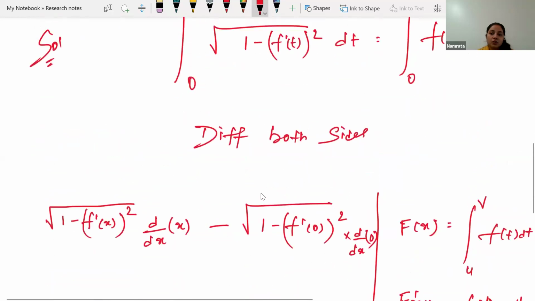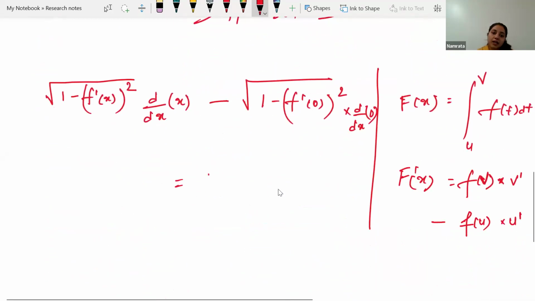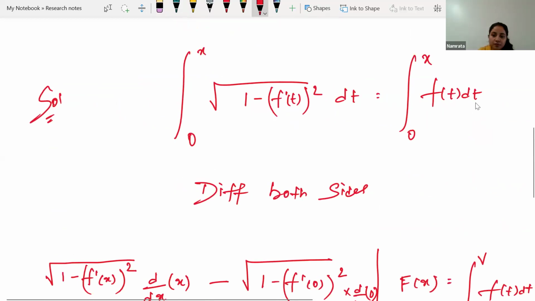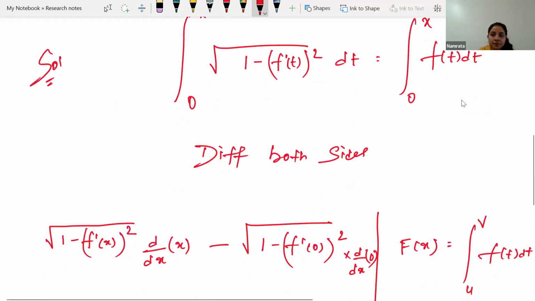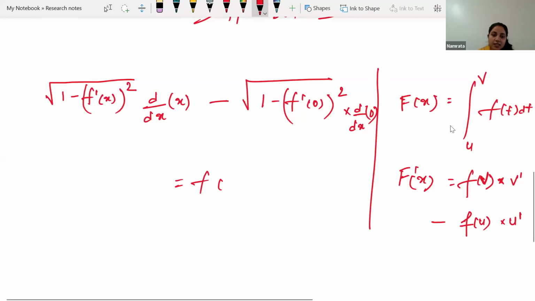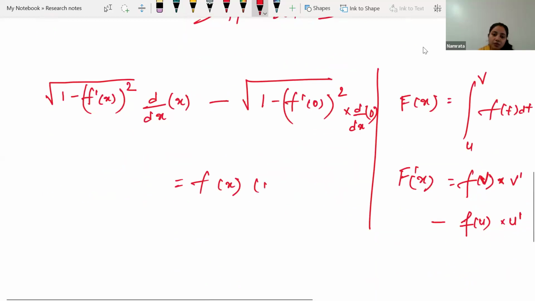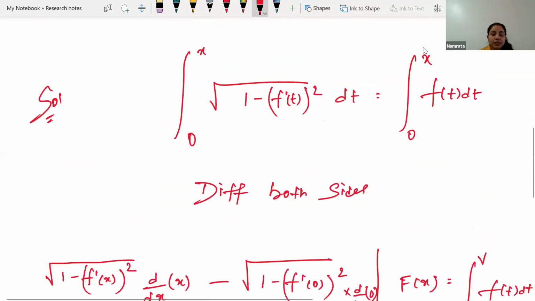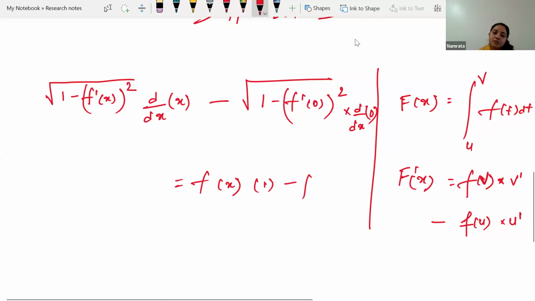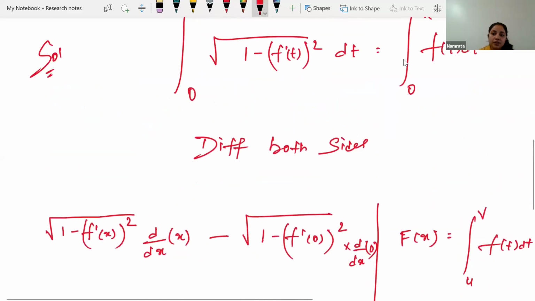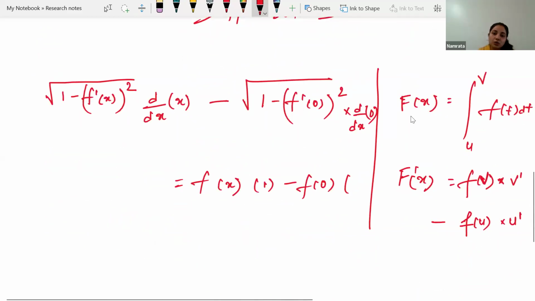The same thing we repeat on the right hand side. It will become only f of x, because we just need to put the upper limit in the given integrand. So it will be f of x times the derivative of the upper limit, so times 1, minus f of 0 times the derivative of 0, which is 0 only.